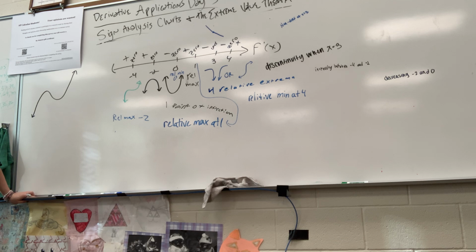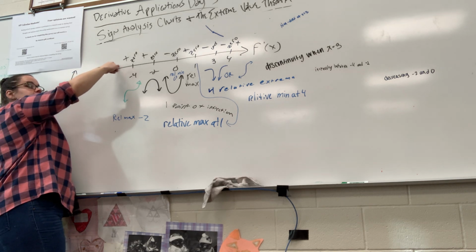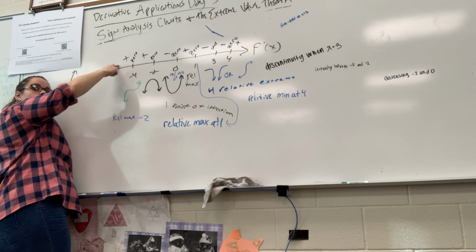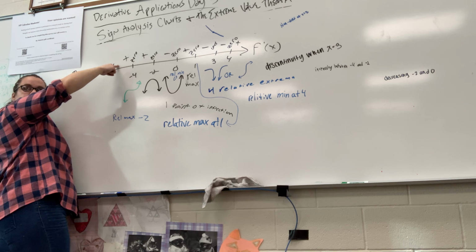Now, do I have enough information to know if any of those relative extrema are also absolute? Yes, I do. Look, I am increasing from -infinity to -4. What does that tell me about f of x?